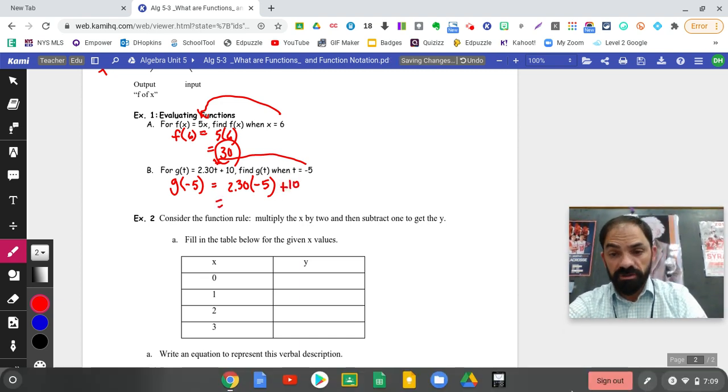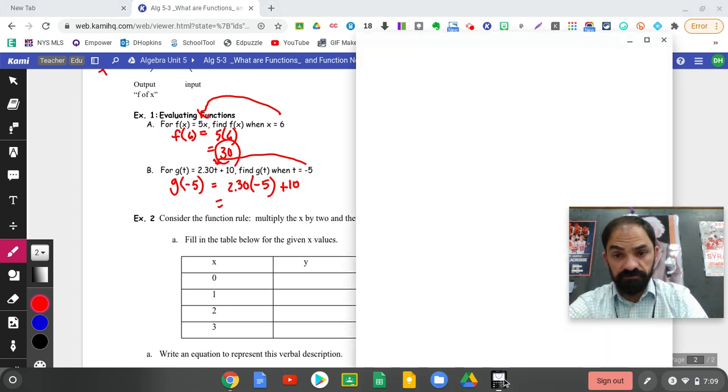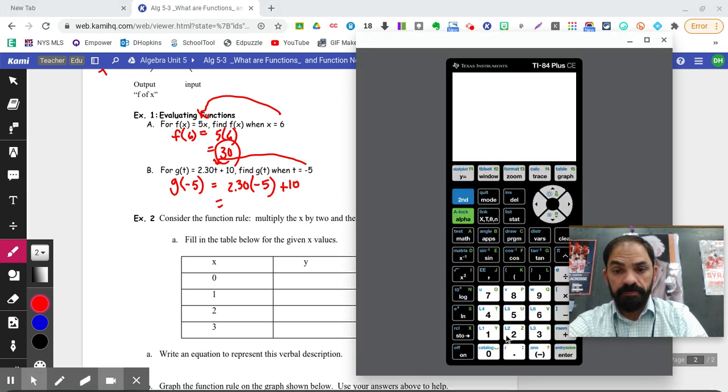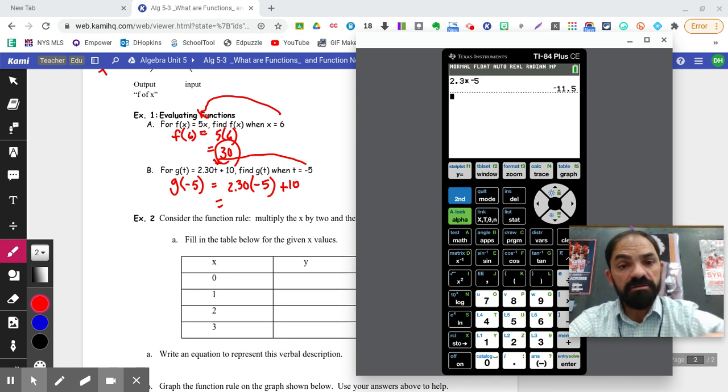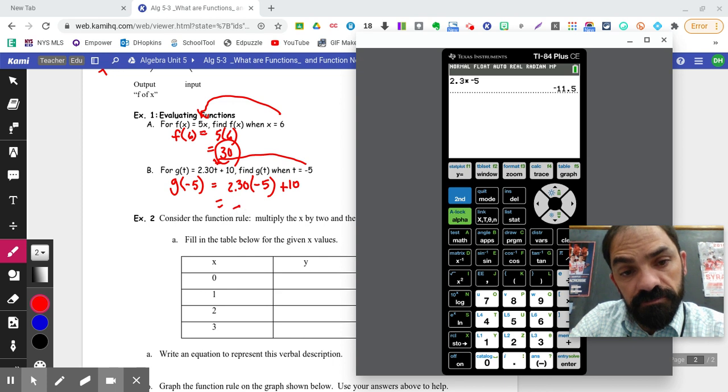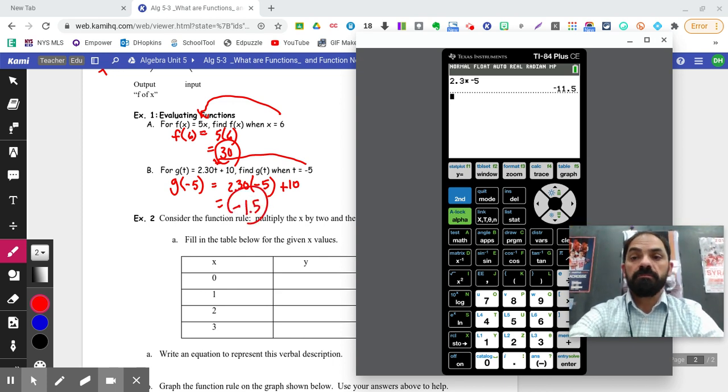So 2.3 times negative 5, negative 11.5, plus 10 is negative 1.5. Excellent.